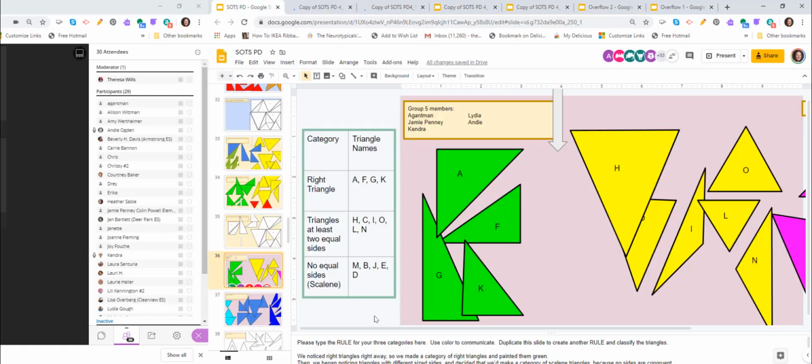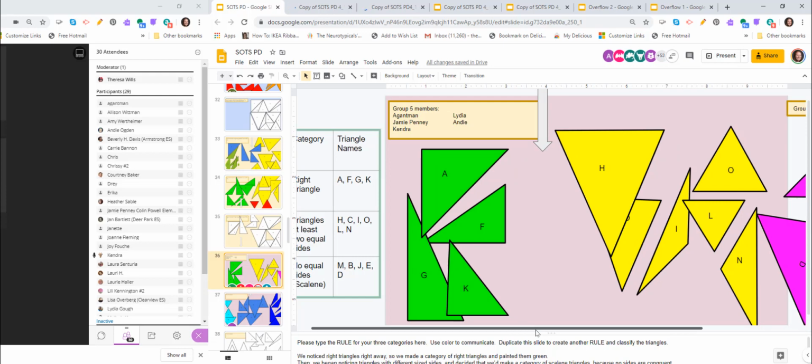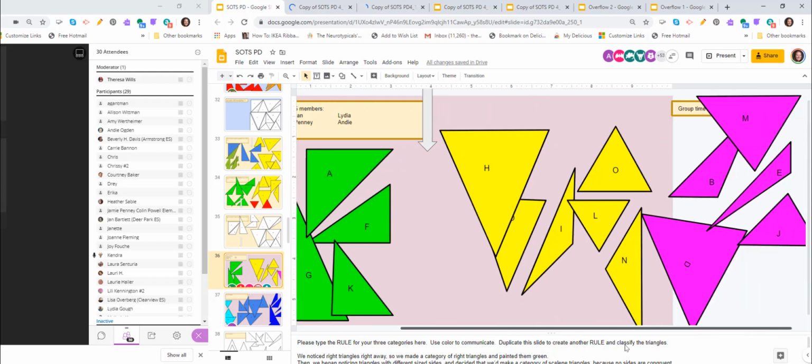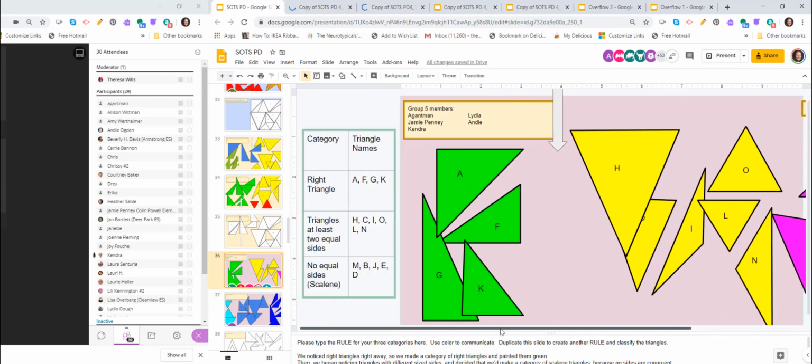So for group 5, we started just pulling out the right angles initially, and then we went into looking at the sides for the other ones. And so we made the 2 other groups. Our yellow group have at least 2 equal sides, and then our pink group have no equal sides.